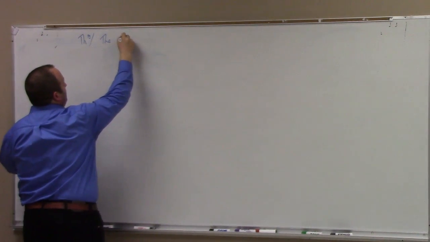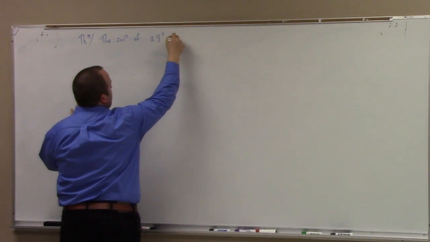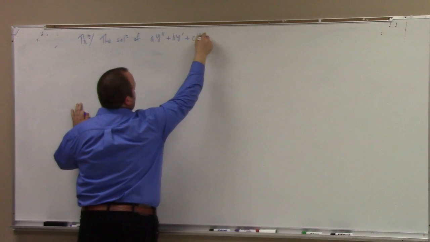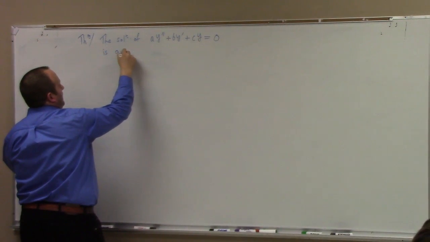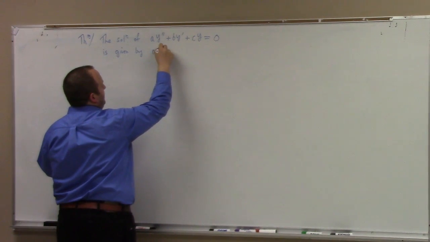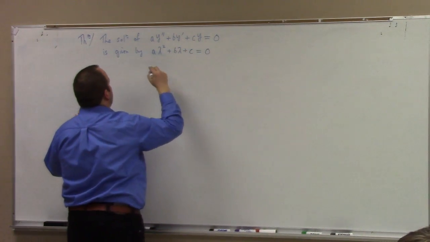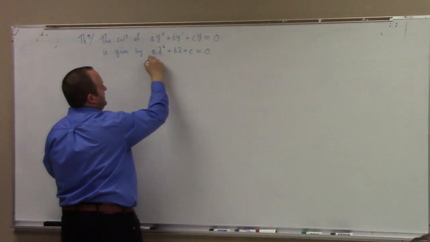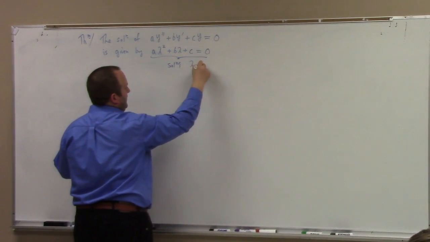The solution of ay prime prime plus by prime plus cy equals 0 is given by the characteristic equation: a lambda squared plus b lambda plus c equals 0. So let's say that this has solutions lambda 1 and lambda 2, all right?